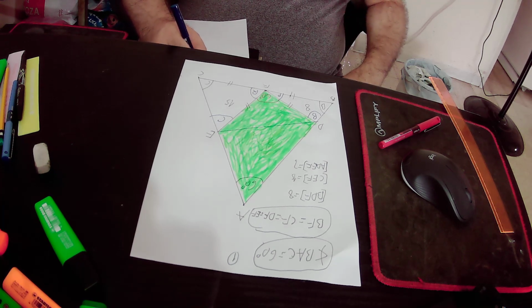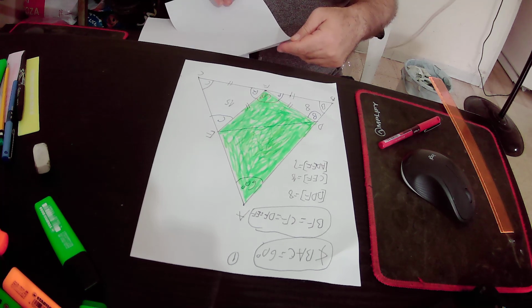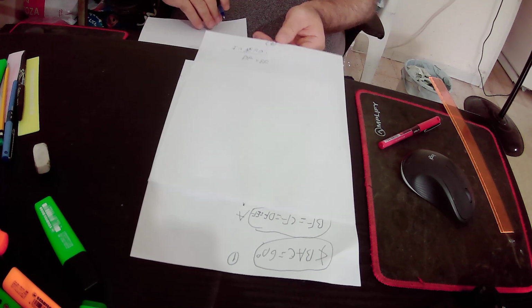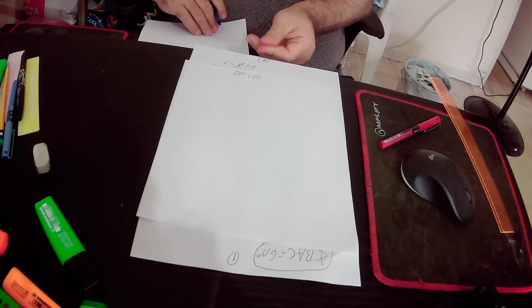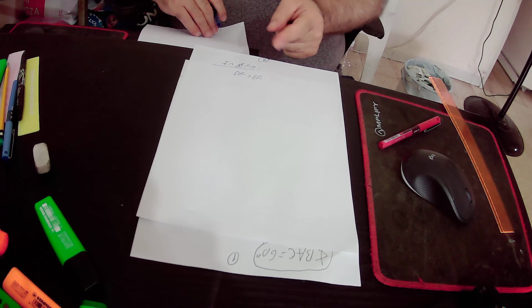DF equals EF. Again, in triangle EFD, we know that side DF equals side EF.